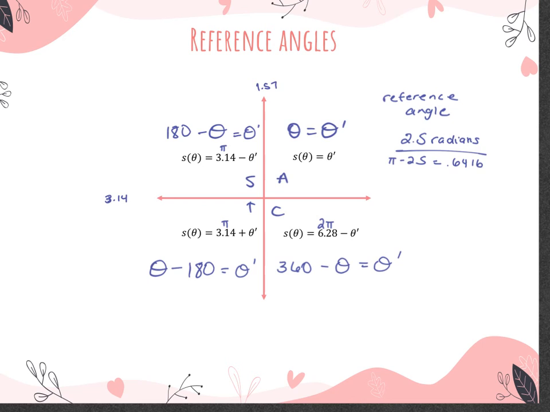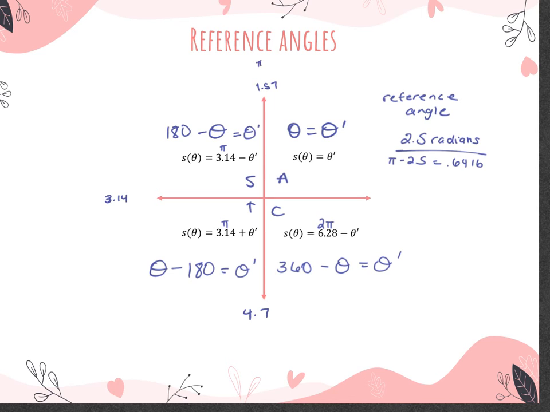It's pi and a half, right? So that's 1.5 pi, and that's 4.7. That's without the pi's, right?